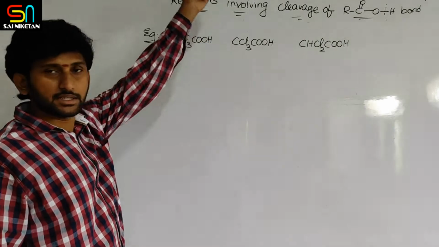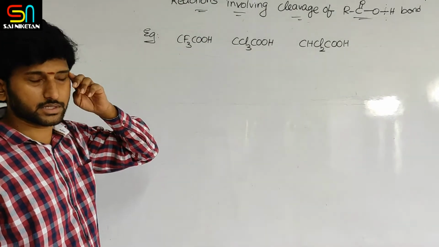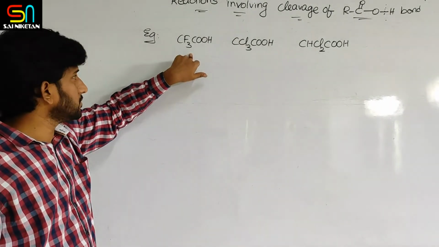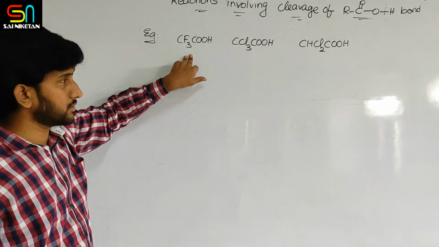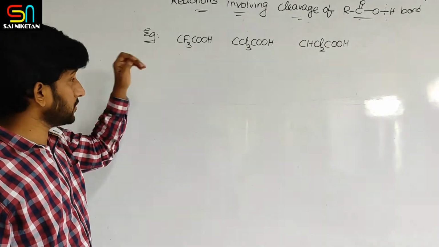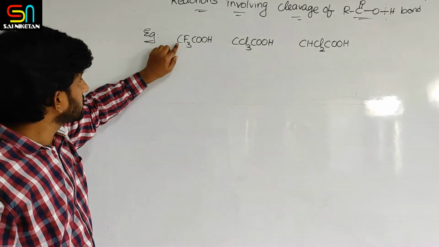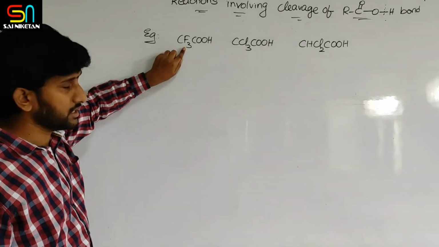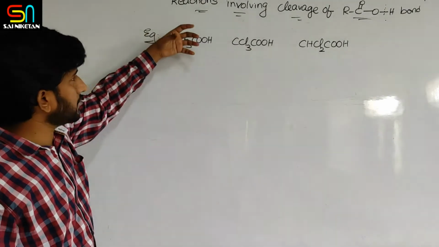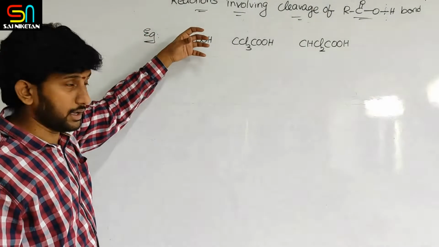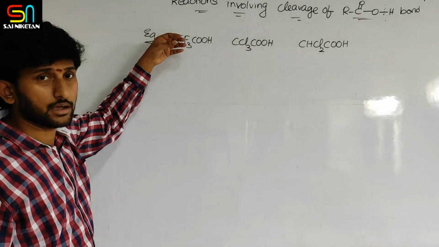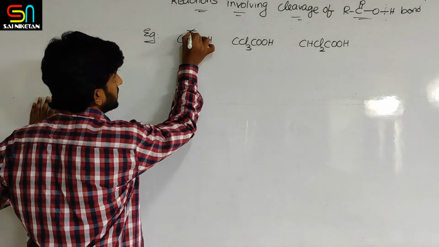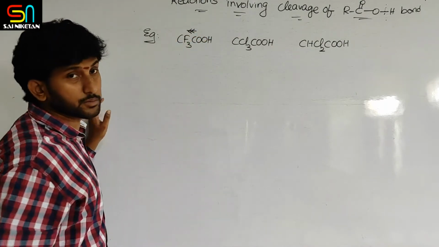If you compare the acidic strengths of these three compounds, fluorine is more electronegative. As the electronegative character increases, the electron withdrawing nature increases. CF3 will withdraw a lot of electrons from the COOH group, so it acts as a strong electron withdrawing group.